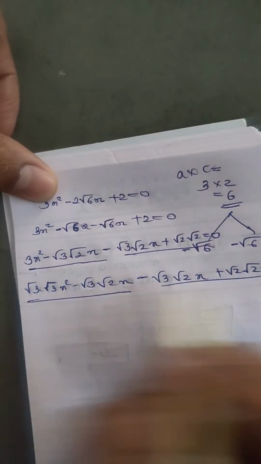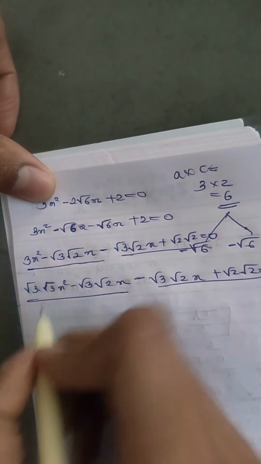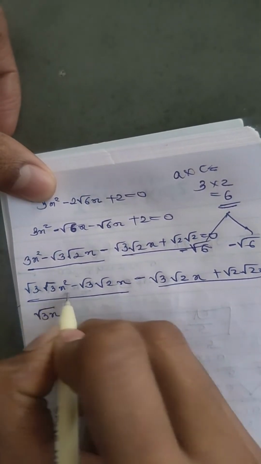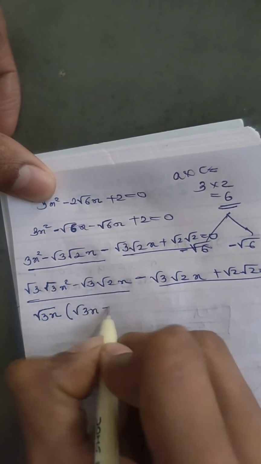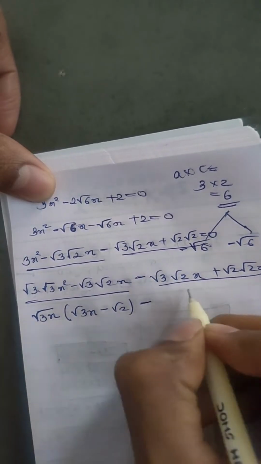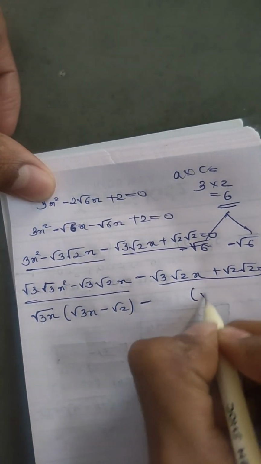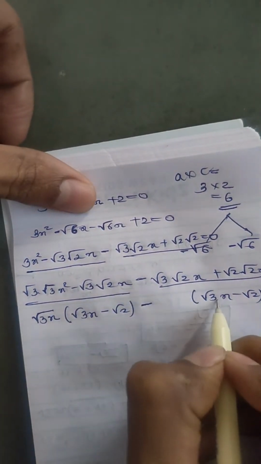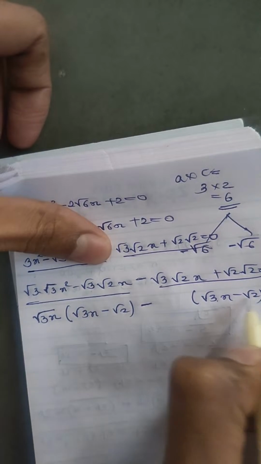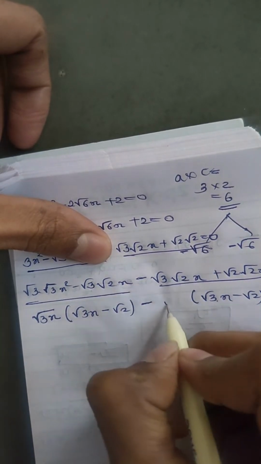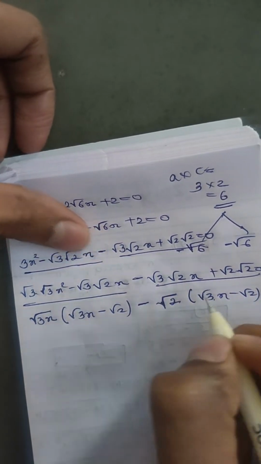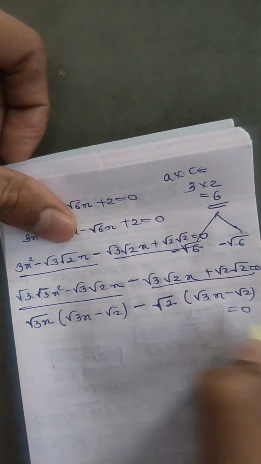Now from this I can take out √3 x as common. If I take √3 x common, what remains is √3 x minus √2. The same bracket should come here too, √3 x minus √2. So here √3 x minus √2, and √2 will come as common, which equals 0.